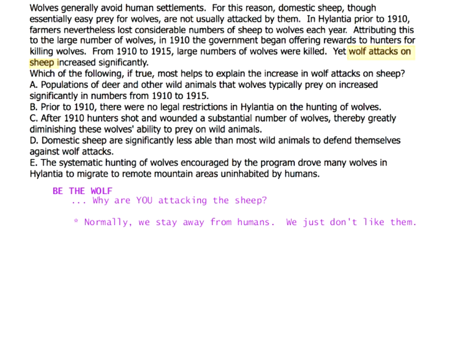Then they started shooting us. And after they started shooting us, which doesn't really seem to make a whole lot of sense, right? After they started shooting us, we attacked more of their sheep.